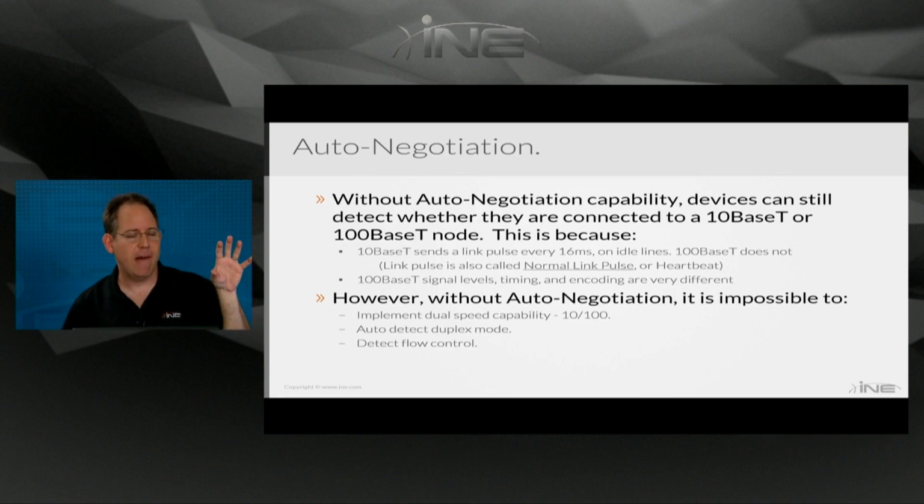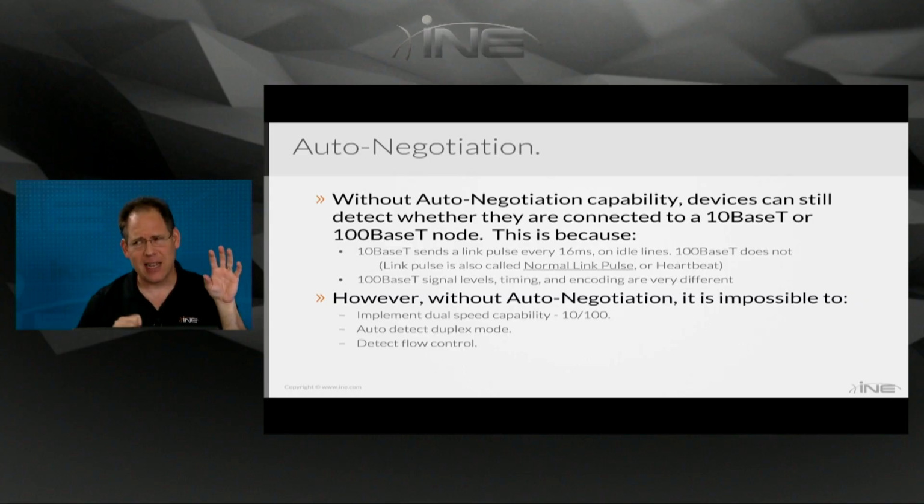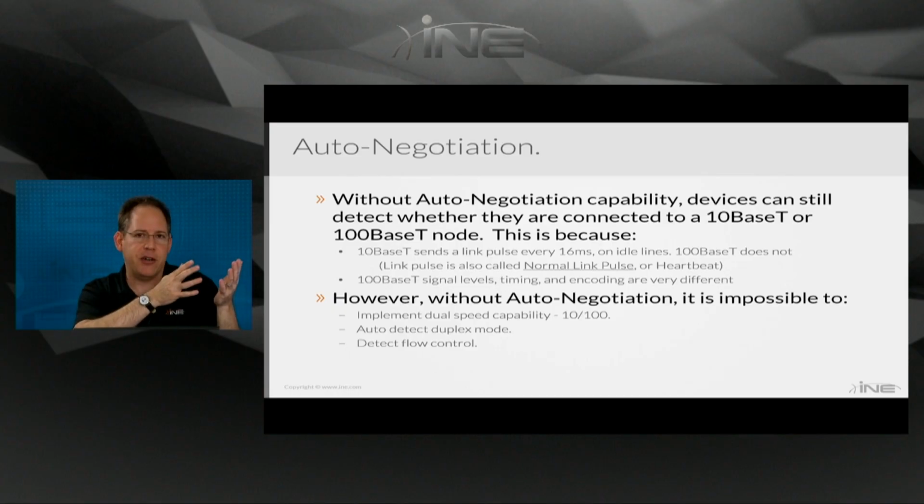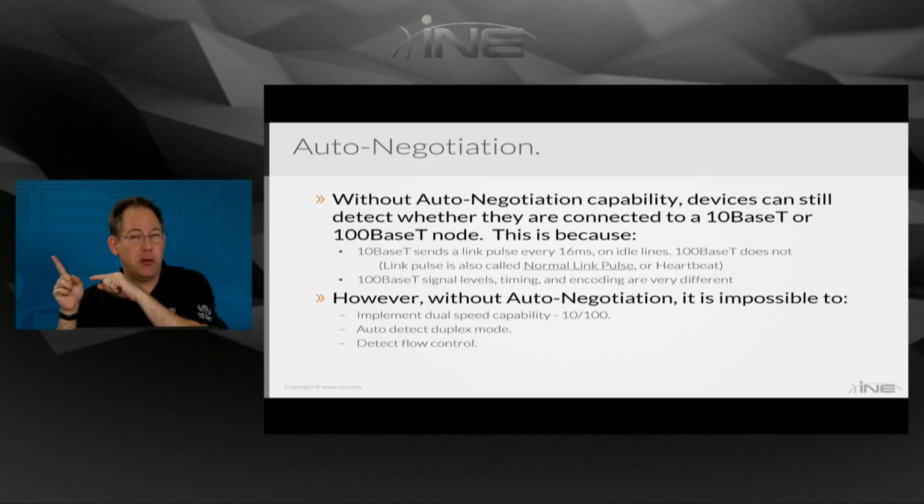So the switch said, okay, based on the fact that I got 16 of those pulses, and based on the electrical energy used in the signal and the encoding, I know that what I'm connected to is a fast Ethernet device. So the switch said, even though I can do 10 and 100, I know I should be doing 100. Because if that device I'm connected to was only a 10 megabit NIC card, I would have only gotten a single pulse, a single normal link pulse. And that's not what I received.